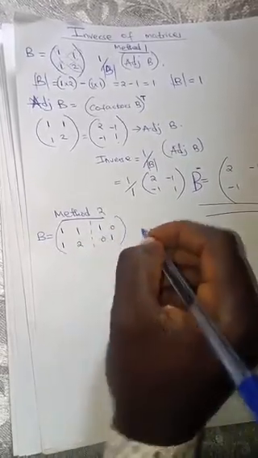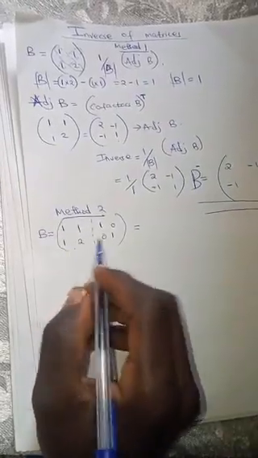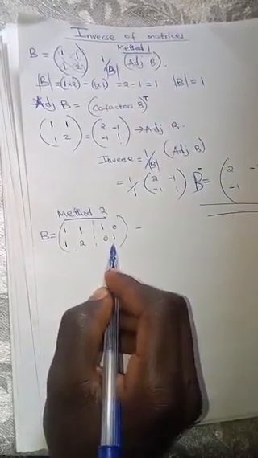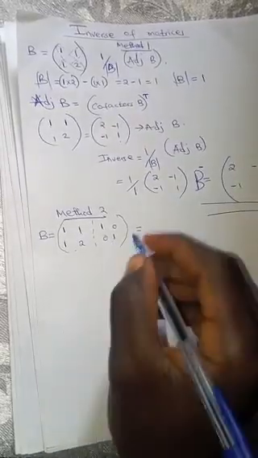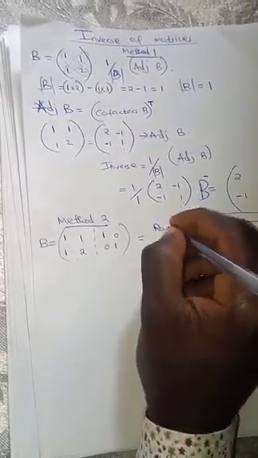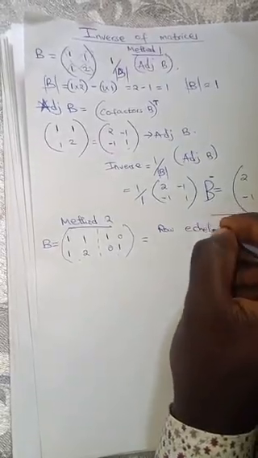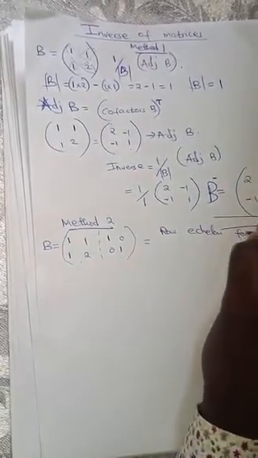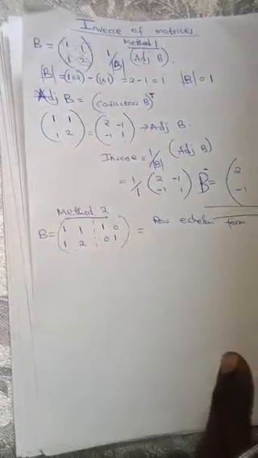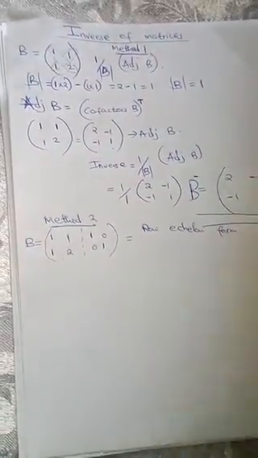Then we expand this to this side, and we'll be having our inverse. Then we use the row echelon form to reduce that one to the other side.